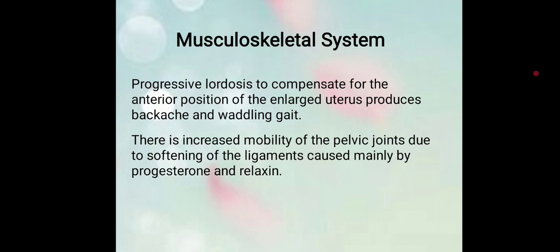Lastly, musculoskeletal system. As pregnancy advances, the center of gravity will shift anteriorly, resulting in lordosis and backache. As an effect of progesterone and relaxin, there is increased mobility of the pelvic joints and softening of ligaments.